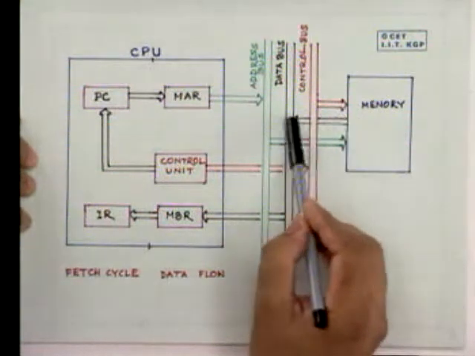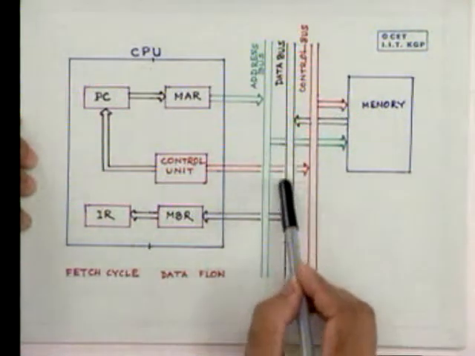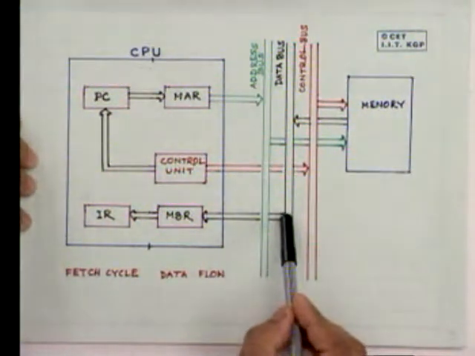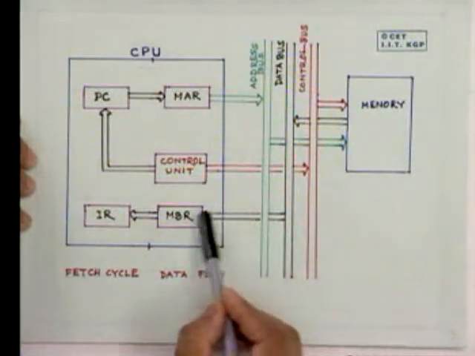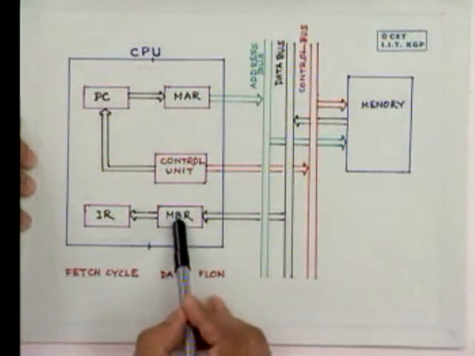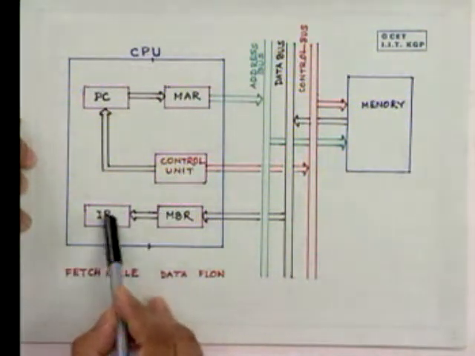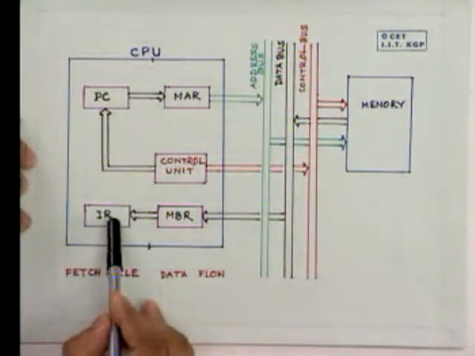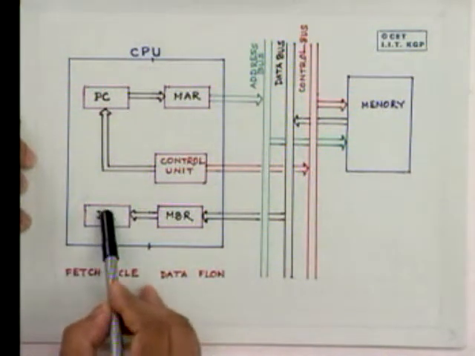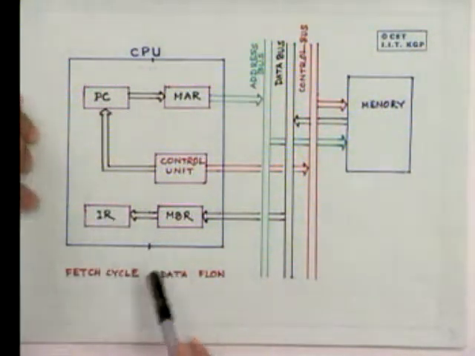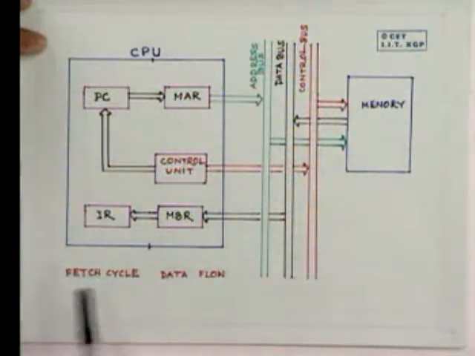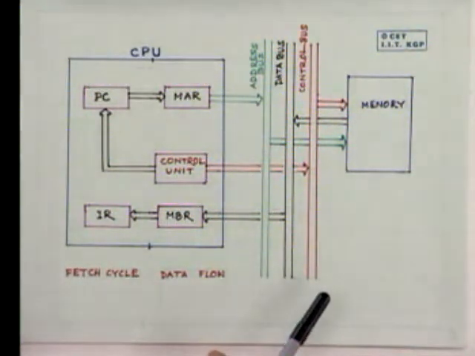That data is passed on the data bus, and from the data bus the data comes to the MBR, which in fact is the instruction here, and that instruction is now sent to the instruction register for decoding and subsequent operation. That is when we talk about a fetch cycle.